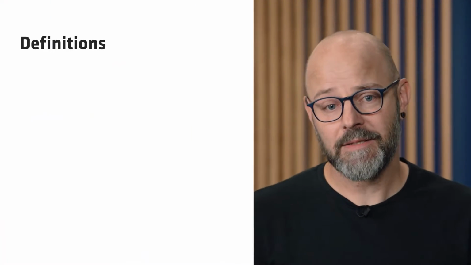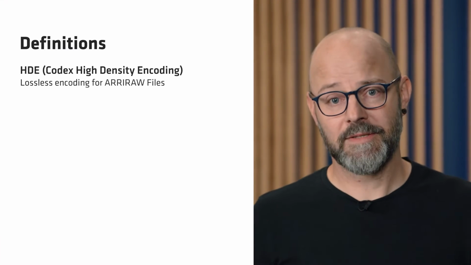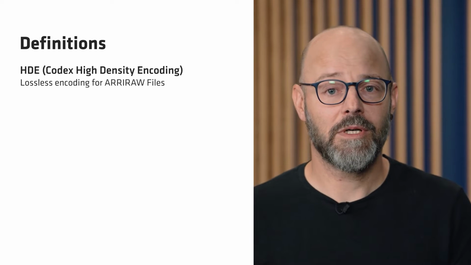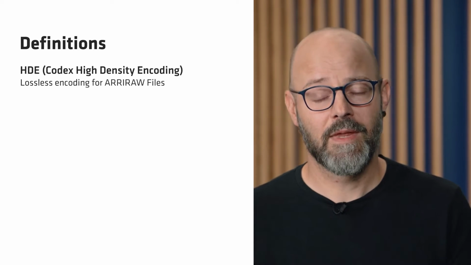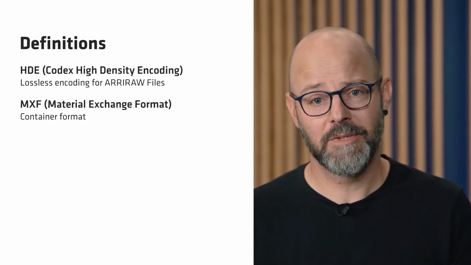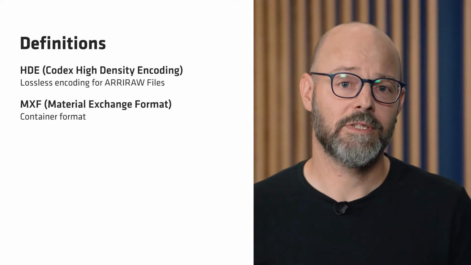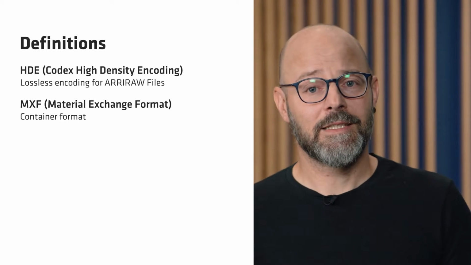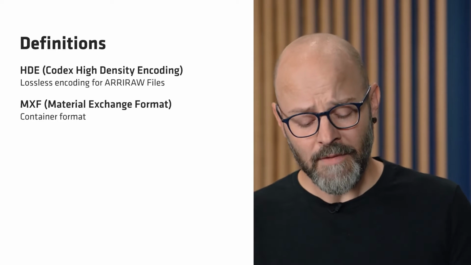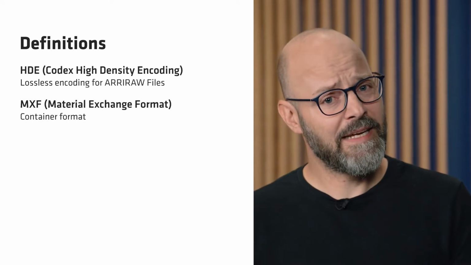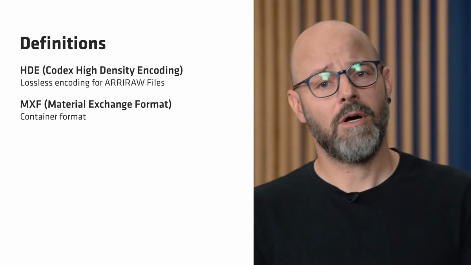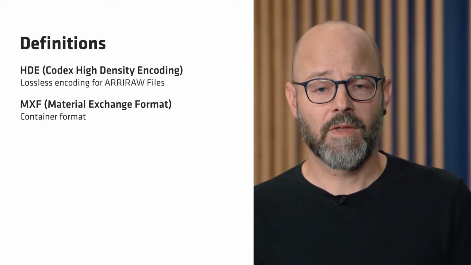HDE, as I just explained, is a lossless encoding technique specifically created for Bayer pattern images. MXF, something new that we've started to record with the Mini LF and now also use in the Alexa 35, stands for Material Exchange Format. MXF basically is a container that keeps several tracks of data for video, audio, and metadata.